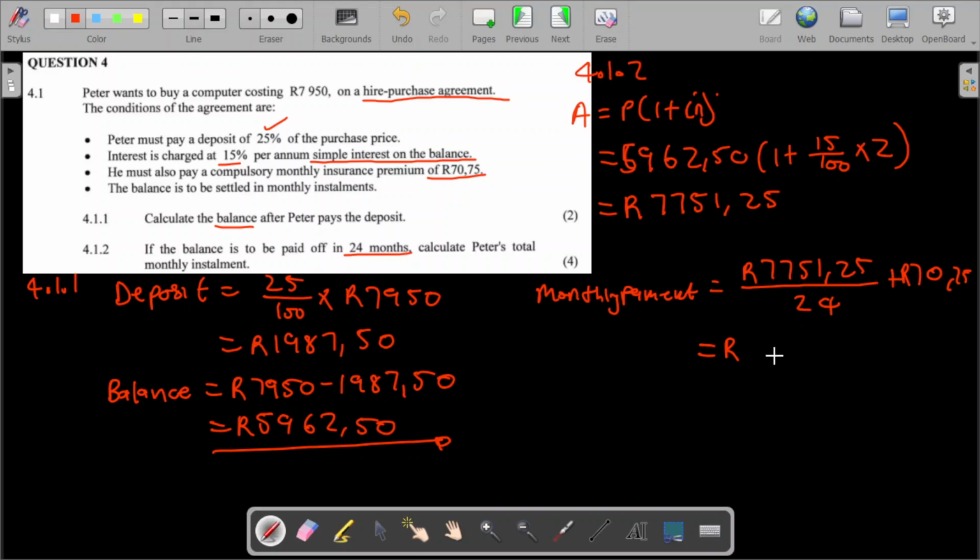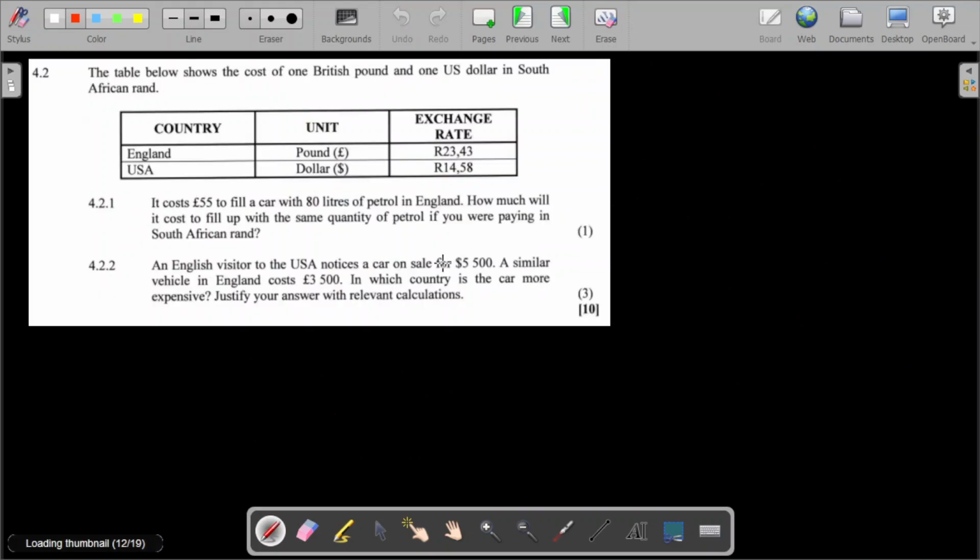Punch your calculator and we're going to have 393.72. So this is the monthly payment that Peter will have to pay in order to pay all the amount in 24 months. Now, let's get into the second part of this question.